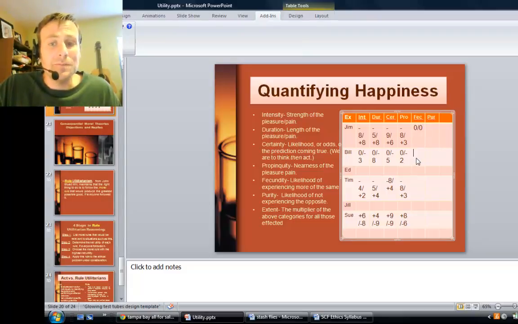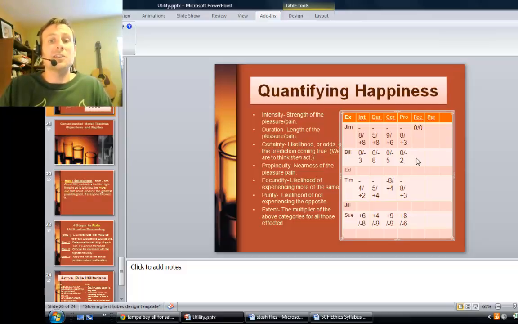What about for Bill? Now, his initial reaction is neutral. Is he going to get a positive experience from this in some other unrelated way, or maybe a negative experience in some other way if you kick Jim out? Well, kicking Jim out does produce some negative experiences.